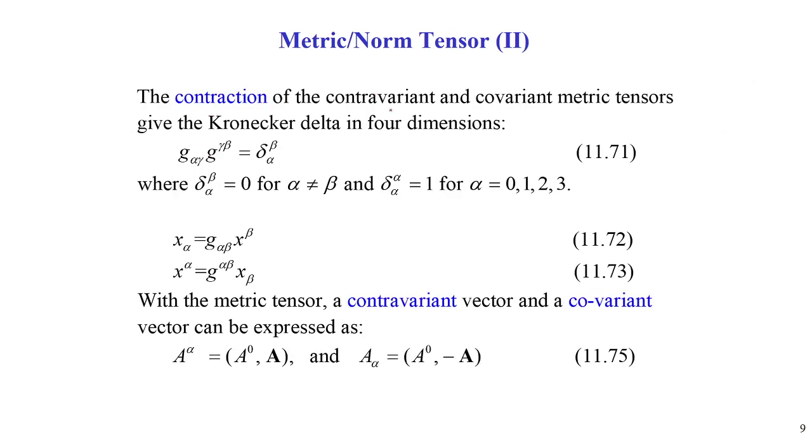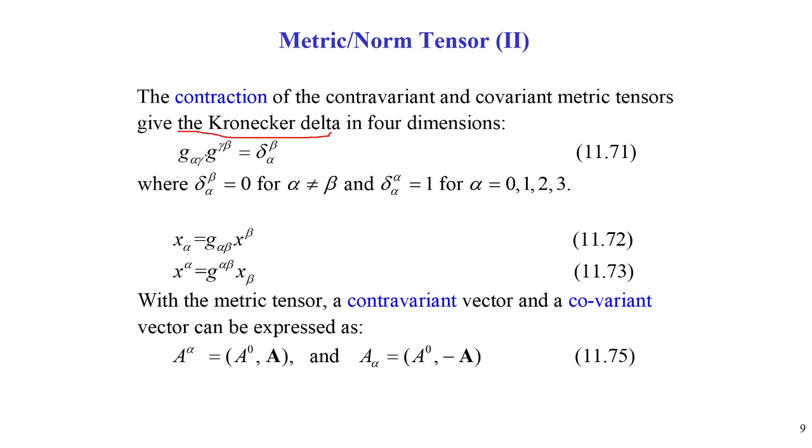The contraction of the covariant and contravariant metric tensors gives us a simple notation. That is the Kronecker delta in 4 dimensions. G alpha gamma, G gamma beta. So we sum over gamma. The result will be delta beta alpha.